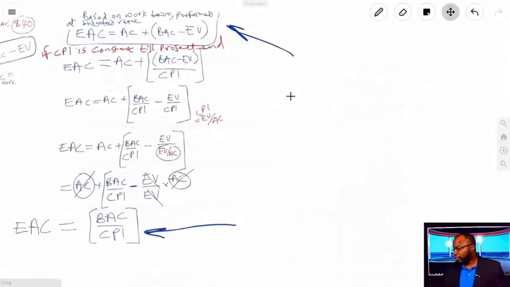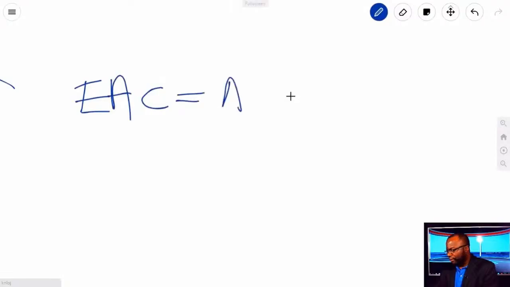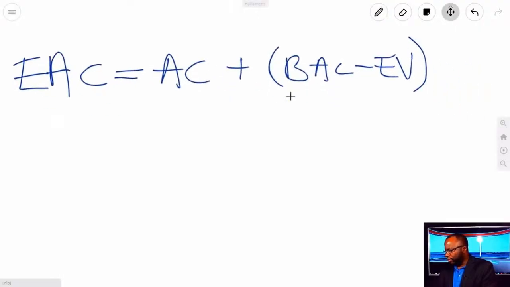Now this last formula, in a way, is that the estimate at completion is equal to that very first formula that we talked about. You're always going to have that BAC minus EV, and that's why I want you to get that into your head first.